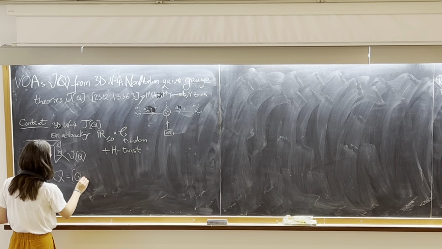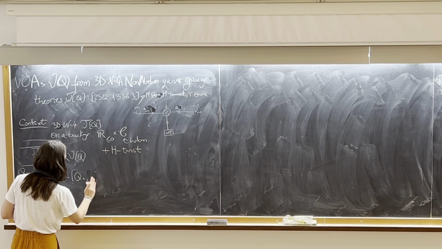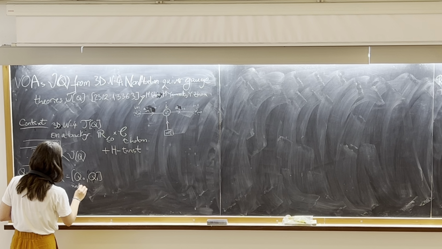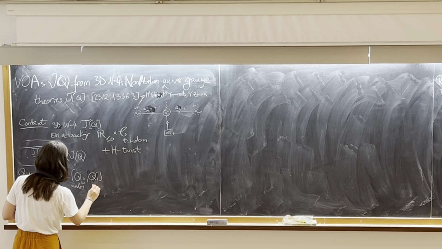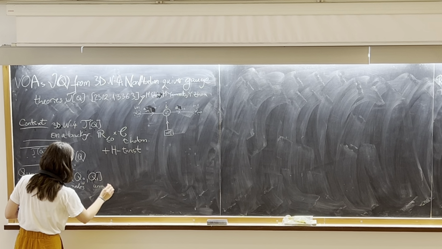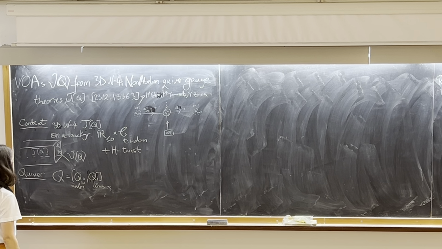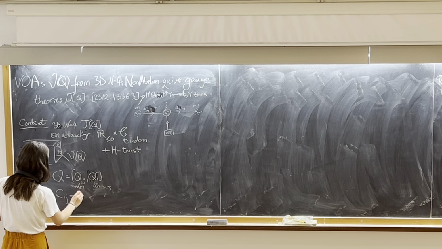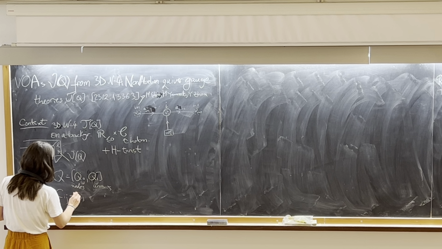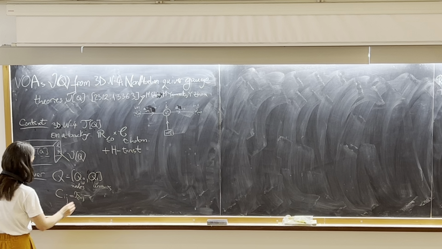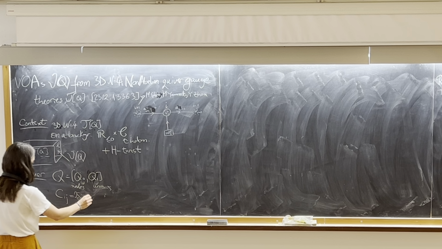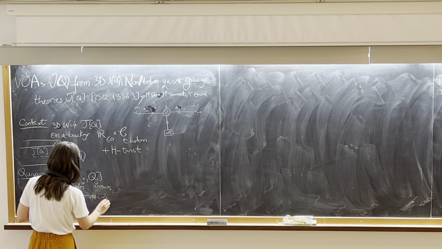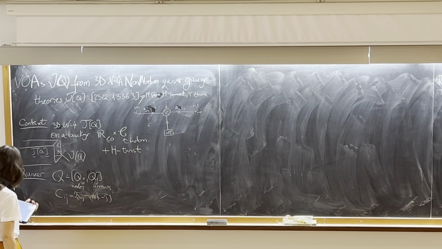So we'll have two components, the nodes and the arrows. The quiver will also have an associated Cartan matrix, C_ij, which is 2 times delta_ij minus the number of arrows between the nodes i and j.